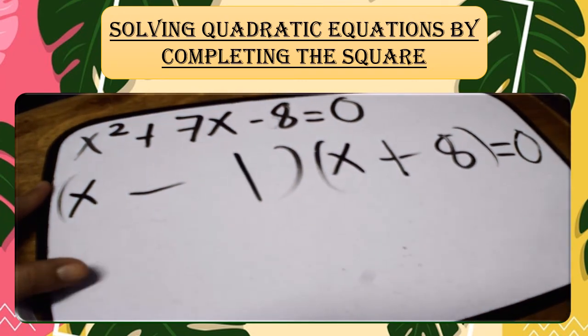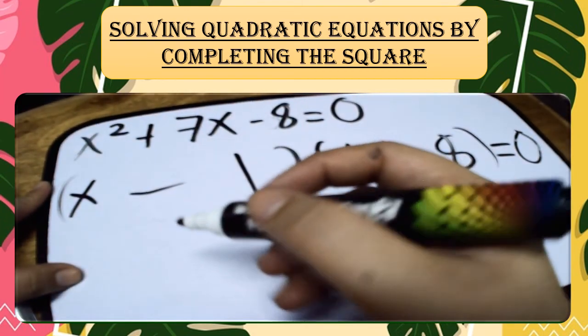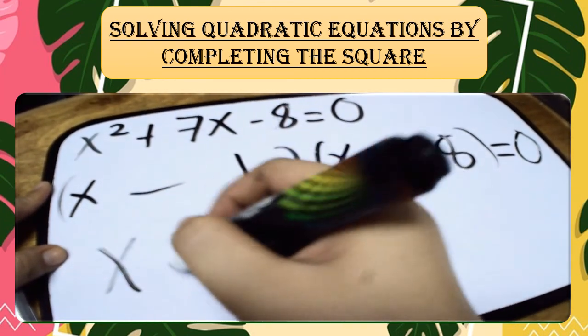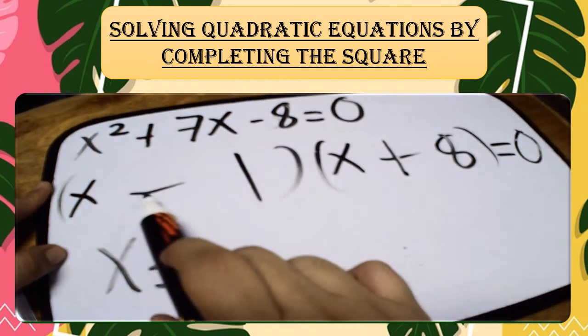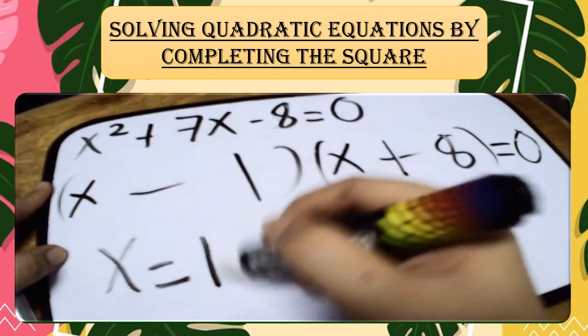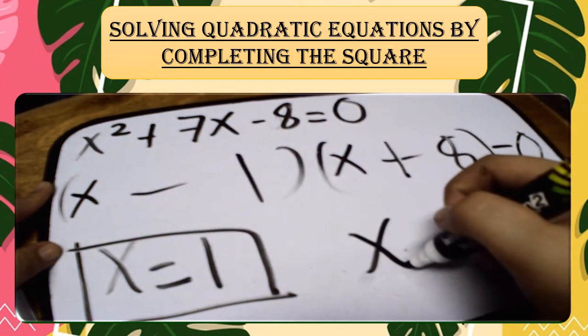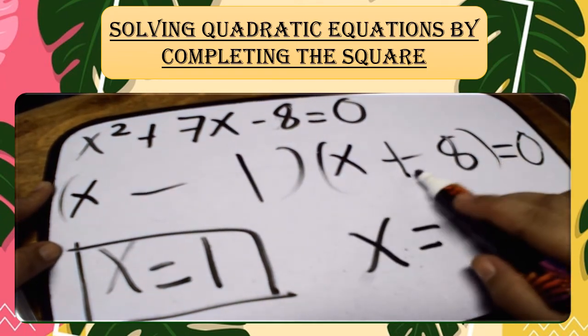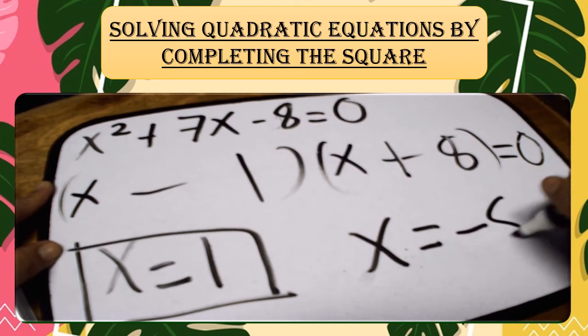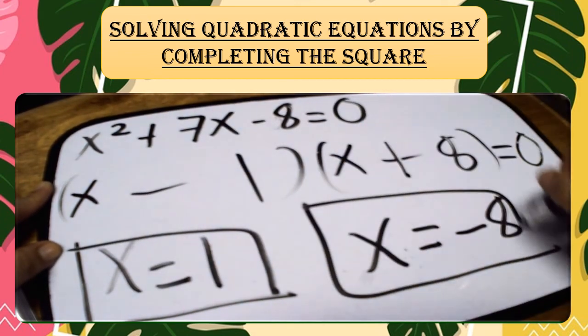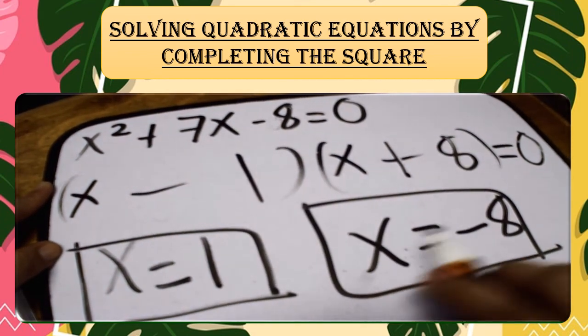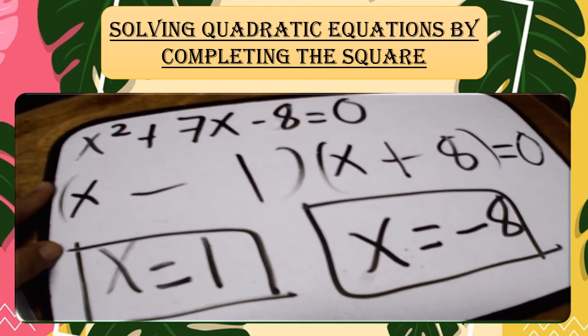Now, let's change the operation to get the value of x. So, x now is equal to negative 1 becomes positive 1. Next, positive 8 becomes negative 8. So, x now is equal to positive 1 and negative 8.